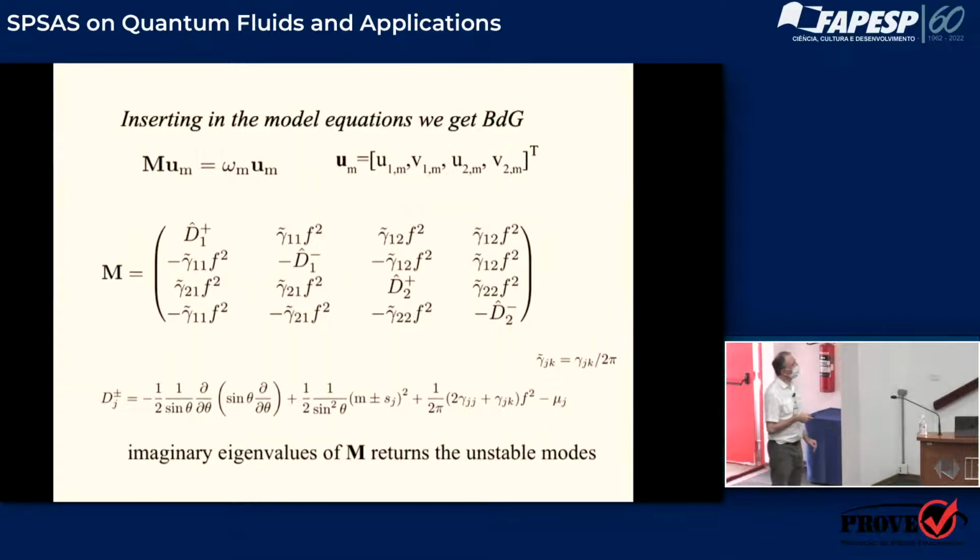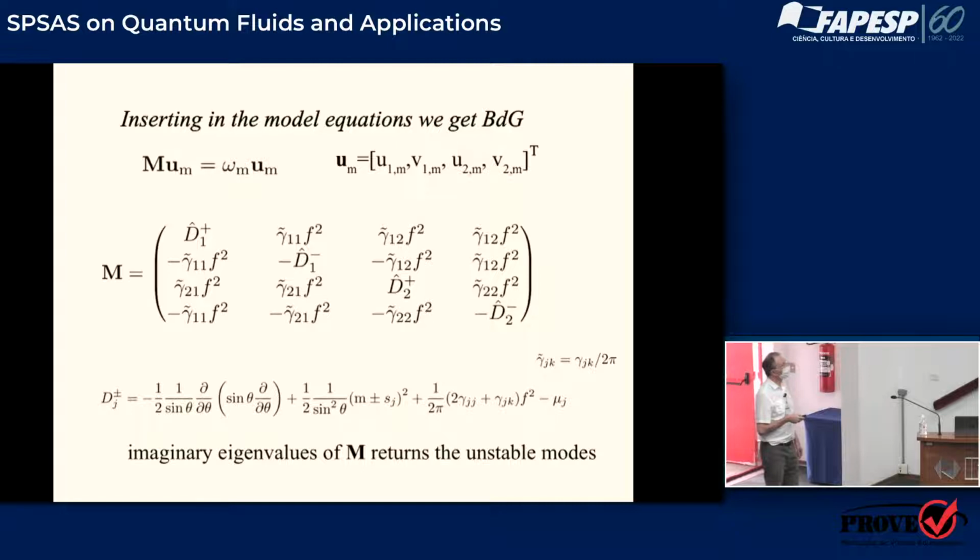you build up this matrix form. For two species, it's quite involved to build this matrix. Numerically, it's quite tricky, but we had experience from other works we did before. And this is what these D's in this equation mean: this is the operator, and you must put in this operator. So when you apply this matrix to this system, you can diagonalize it and obtain the eigenvalues and the eigenvectors.